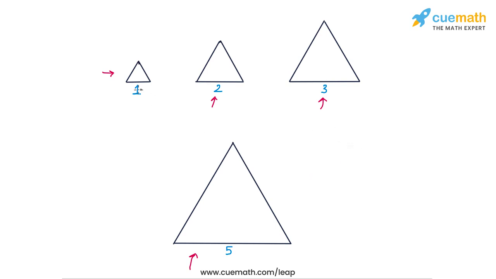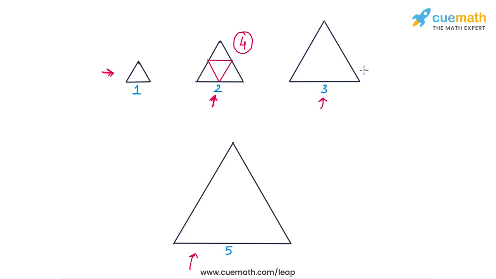So how many triangles of side 1 can you fit in this second triangle of side 2? Well, it's quite easy to see. Join all the 3 midpoints of this second triangle and you can see that 4 equilateral triangles of side 1 can be fit in this triangle of side 2.